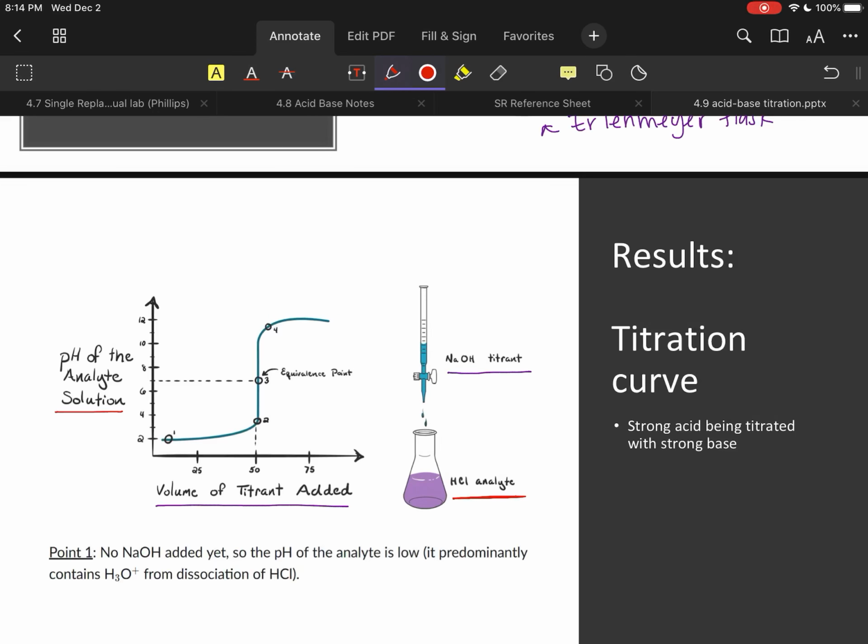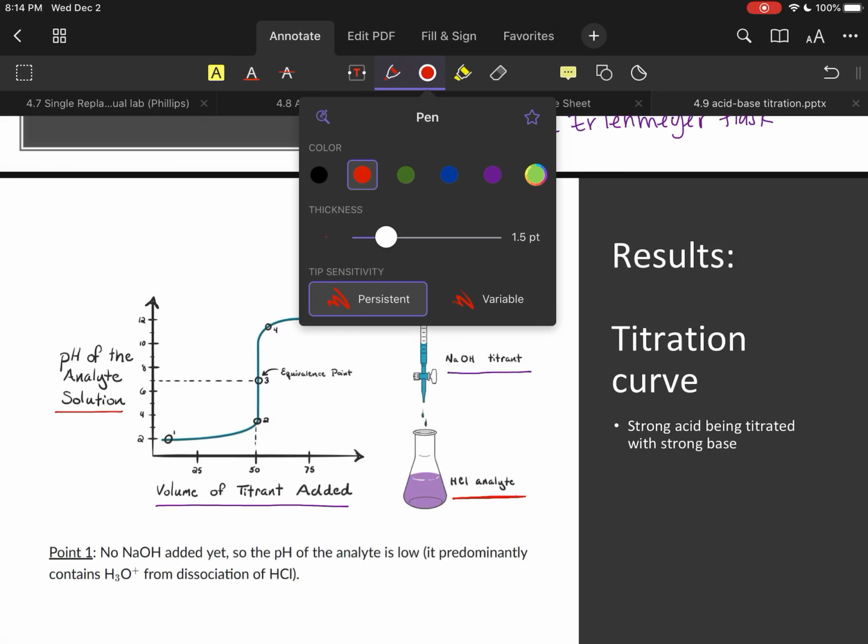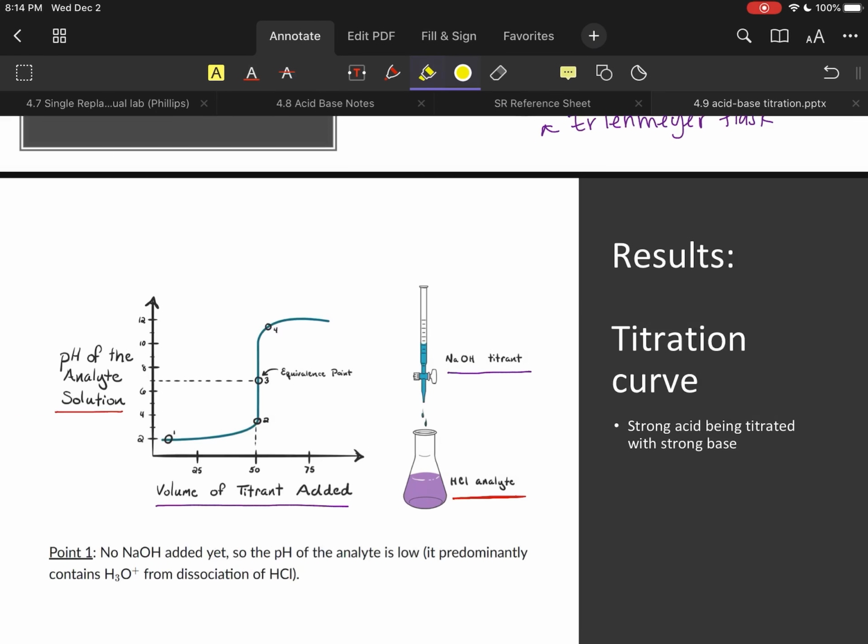As you can see, we start off with an acidic solution down here in the bottom, HCl. As we are adding our base in a dropwise fashion, we can see that the pH starts to rise, and then we reach this point where it rises very quickly.